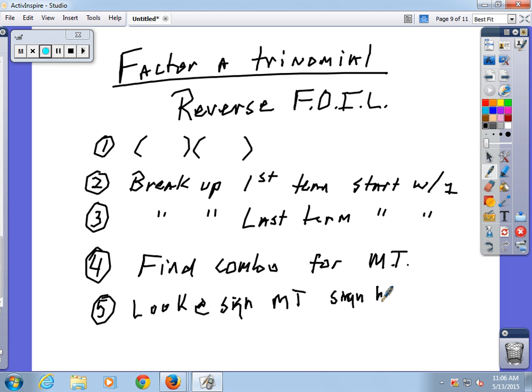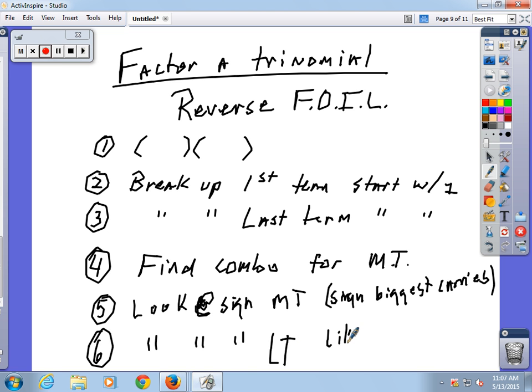Sign of biggest number carries. And you'll see when I do an example. Sign of the biggest number carries. 6. Look at sign of the last term.